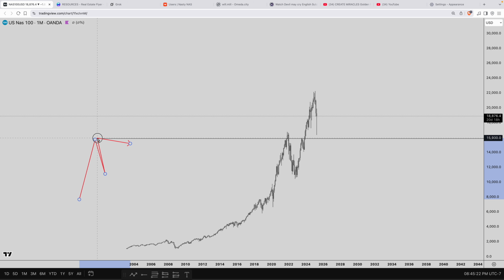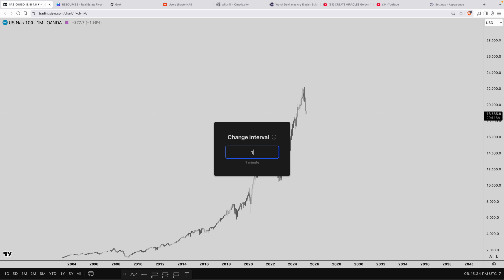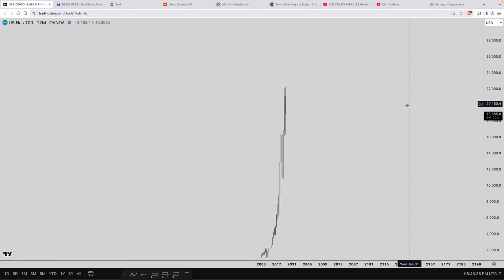We have to break these highs with a full body candle. That is the only way to create an uptrend. If you know any other ways, please drop them in the comments. Please, wrong answers only.